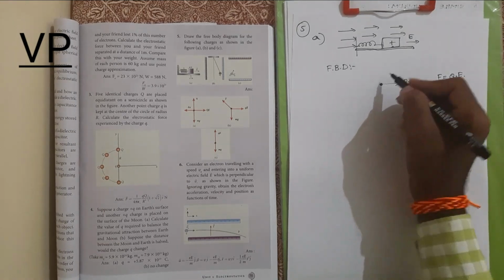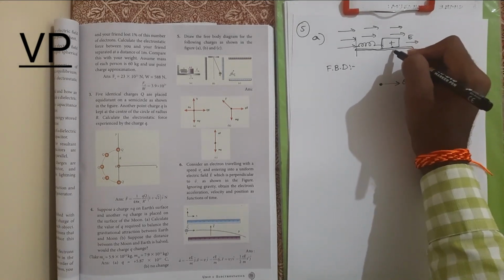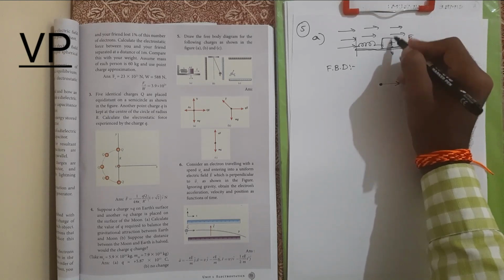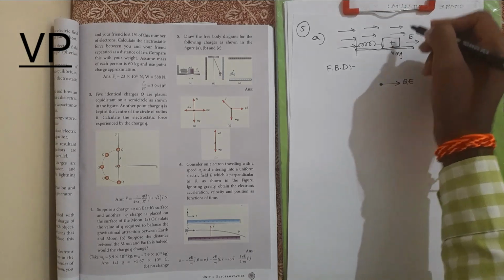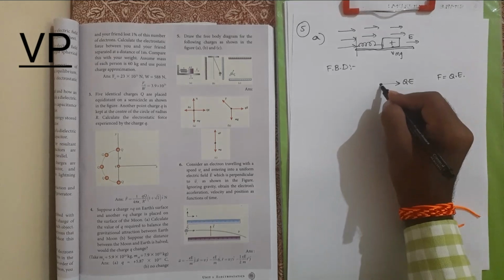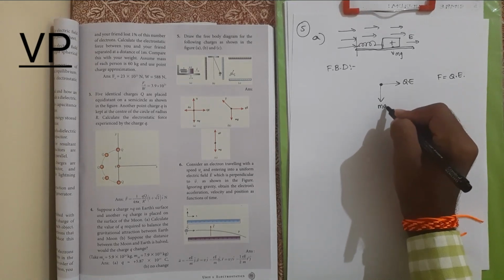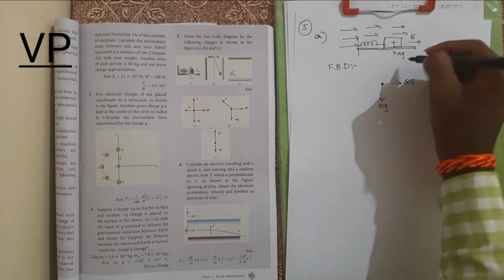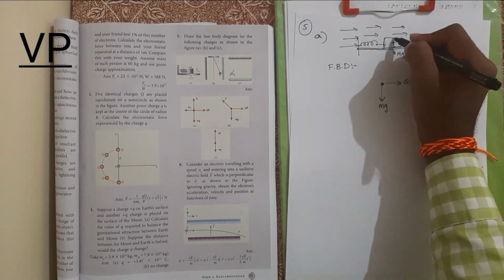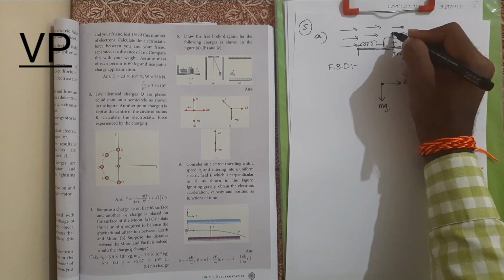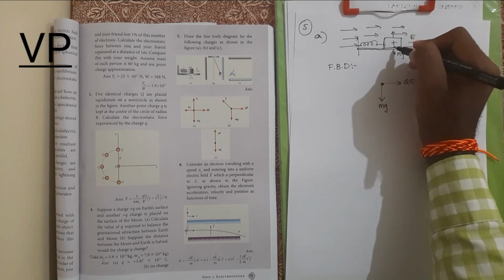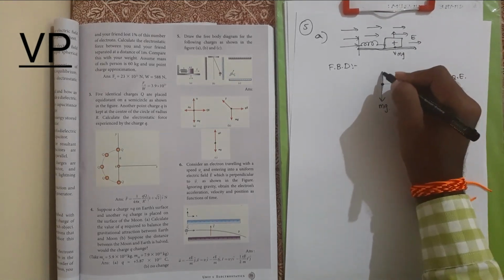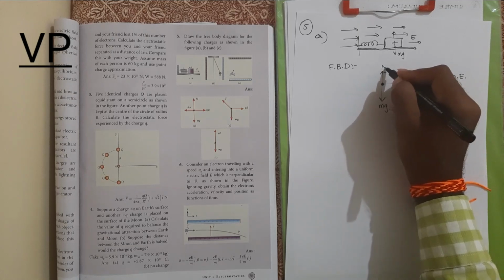In this direction is the gravitational force mg, which pulls it downwards. Due to the smooth surface, which overcomes the gravitational pull, the normal force N acts on the charged particle by the floor.